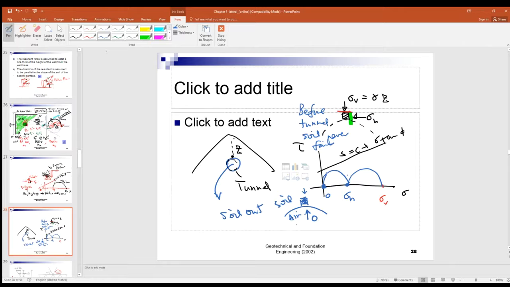So you can see here, because you have excavated the soil from the tunnel, the sigma V equals suddenly come to 0. That the whole Mohr circle will try to move left hand side, right? In other words, it's much closer, right? To the failure line. Okay. In other words, you are marginally failed because of your tunnel construction.